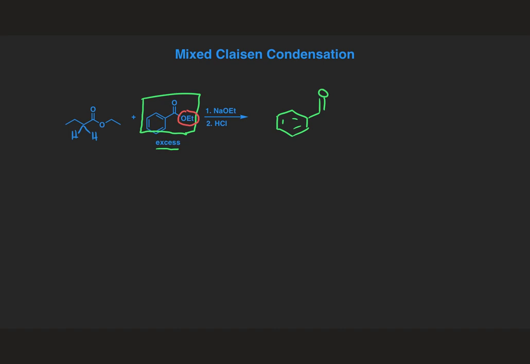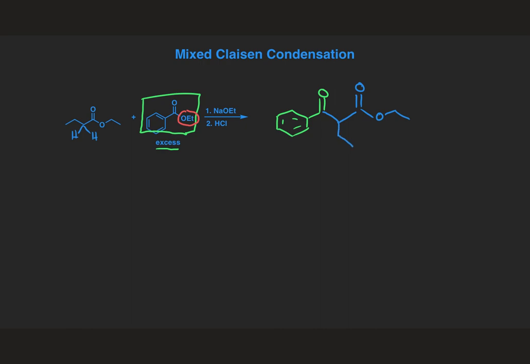There's going to be a bond from that carbonyl to the alpha carbon of the other ester. And so I'm going to draw the other ester up like this. And that other ester had 2 carbons hanging off of the alpha carbon. And so this is the alpha carbon, and it's got 2 carbons hanging off of it.